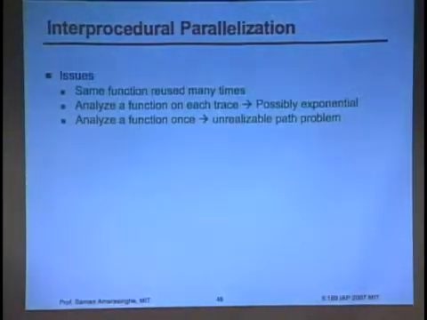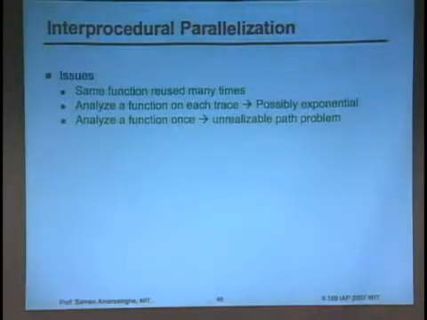Every time you have a call of the sine function, if you keep reanalyzing what's happening inside it, you get an exponential blow-up. You have a code size n, but you might have an exponential number of lines to analyze, because every call needs to go there, and it calls some other functions. You can see the blow-up, so the analysis might be expensive.